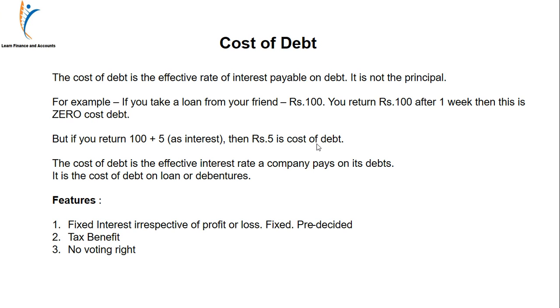When you purchase shares of a company, then you have voting rights as an individual. What do we mean by voting rights? Voting rights mean that when some decision is to be taken by the management of the company, then you can interfere and say, no, take this decision, no, take that decision.